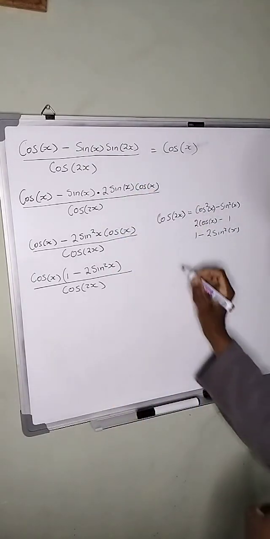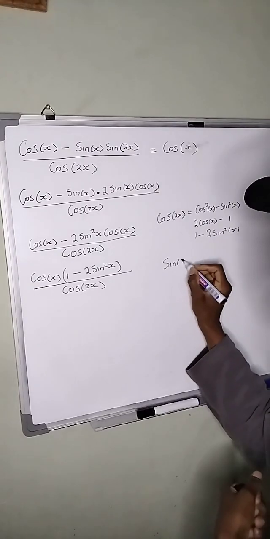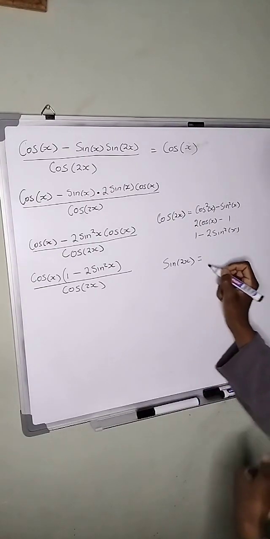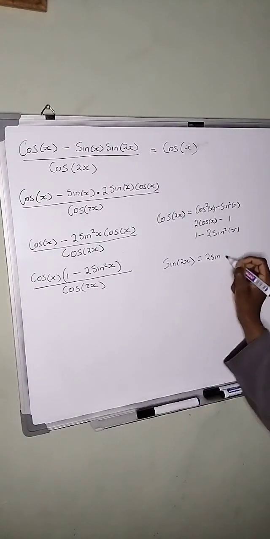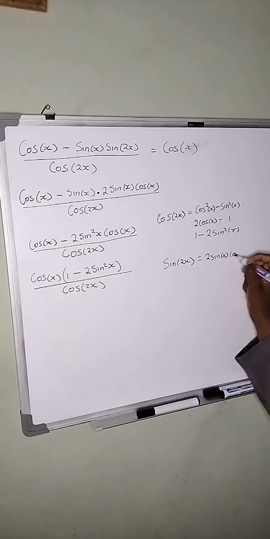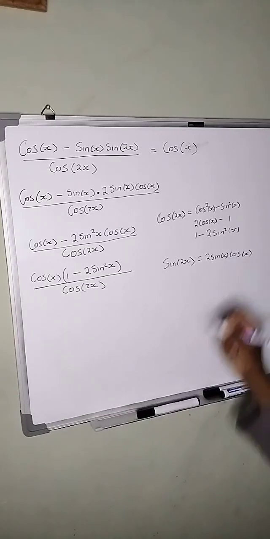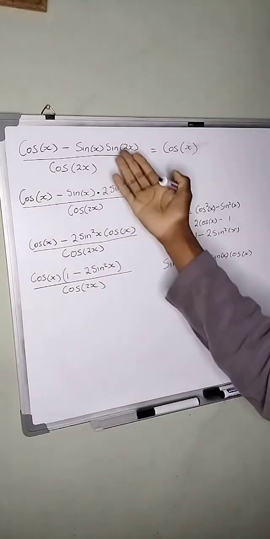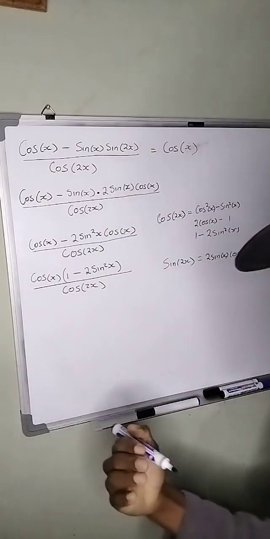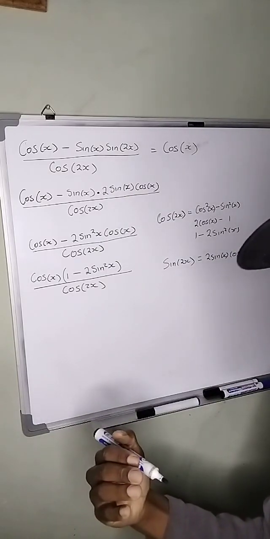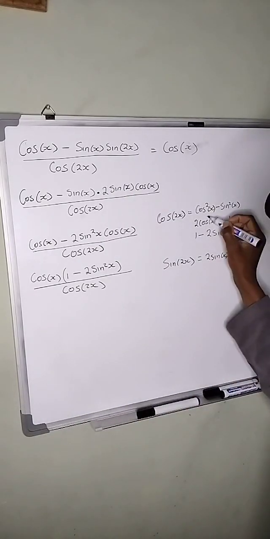The identity of the double angle of sine is going to be 2 sine x cos x, right? This has one identity, cos squared x, thank you.